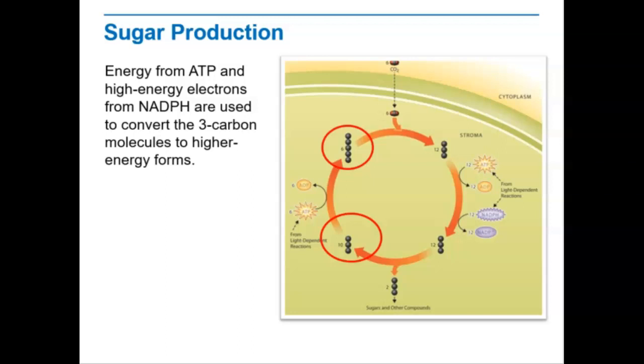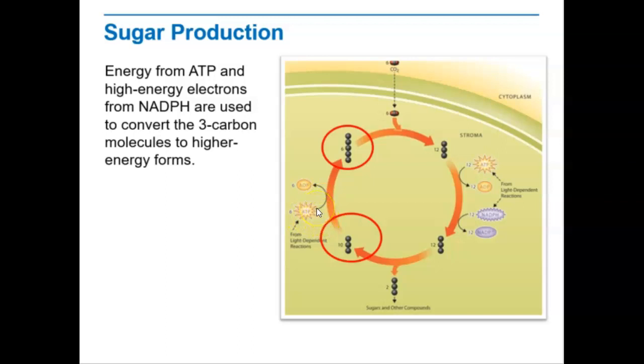Now, the remaining 10 3-carbon molecules are converted back into 6 5-carbon molecules. And you can see that here. The energy that's used to do this comes from these 6 ATP.